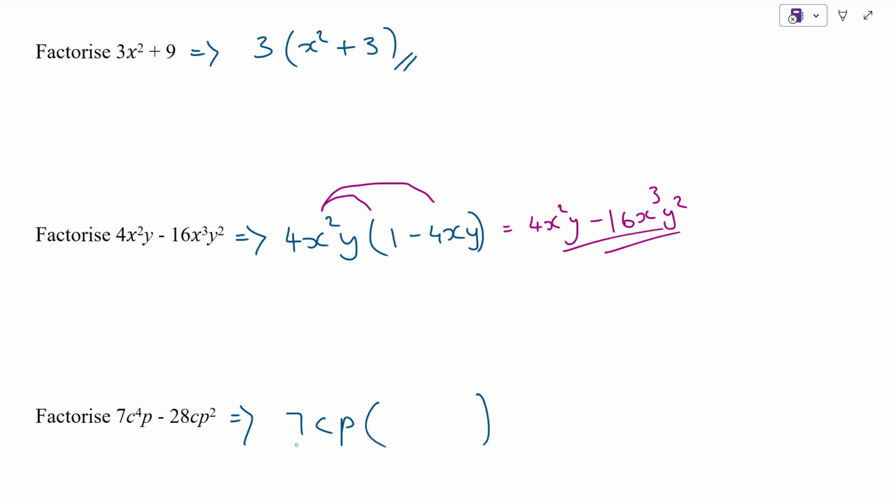To get from 7cp to 7c^4p, the only thing that needs to change is this c. The 7 and the p are going to stay the same. So we're just going to write c to the power of 3, minus 7 times 4 gives us 28. c times by itself to give c, so we don't need to add anything. p multiplied by p to give us p squared.